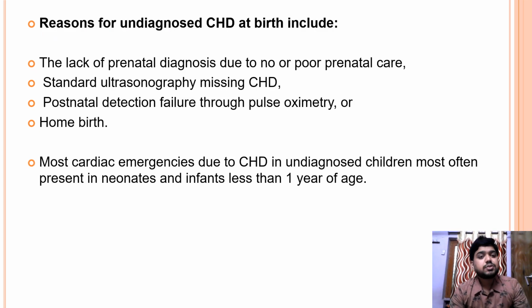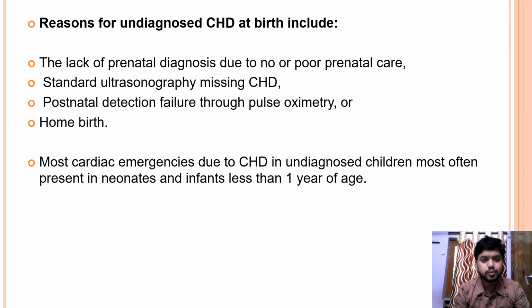So, reasons for undiagnosed congenital heart disease at birth. Why are congenital heart diseases usually undiagnosed at birth? Why are most of them diagnosed only after birth? Because of lack of prenatal diagnosis and poor prenatal care. Even prenatal ultrasound may fail to pick up congenital heart diseases, because it is subjective, not objective. It depends on the radiologist performing it, the resolution of the images and the machine.